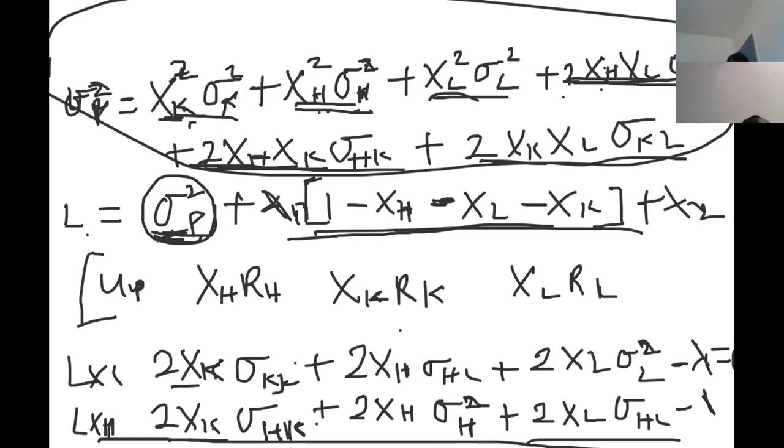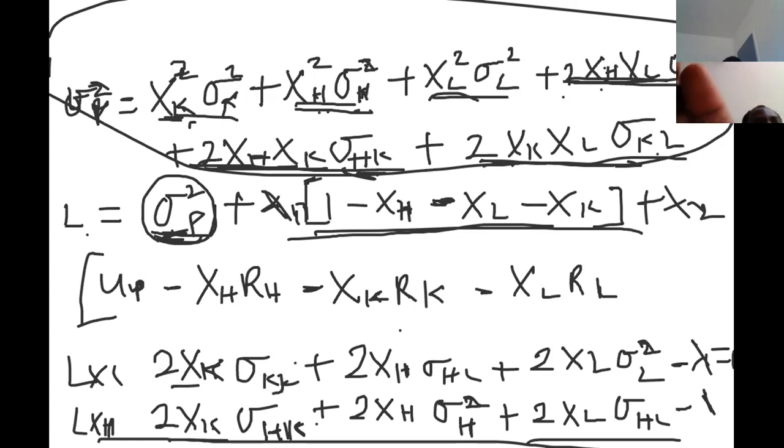So when I differentiate with respect to xk, I have 2xk variance of k plus 2xh covariance of h and k plus 2xl covariance of k and l minus lambda, because when I differentiate xh I have only minus 1, so it comes minus lambda 1.